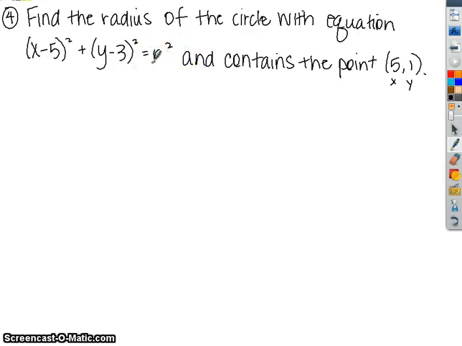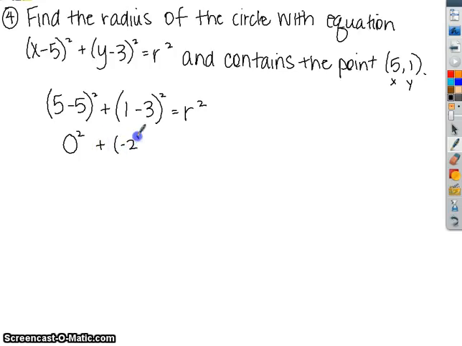Okay, so let's plug in for the x and the y. So x is 5: (5 - 5)² + (1 - 3)² = r². Well, this becomes 0. This becomes -2, squared, so that's just 0 + 4.